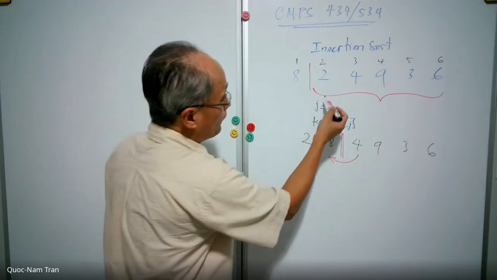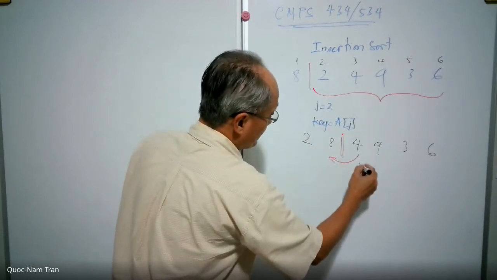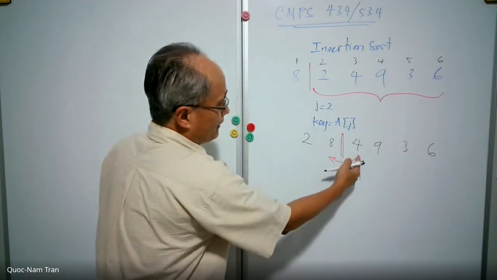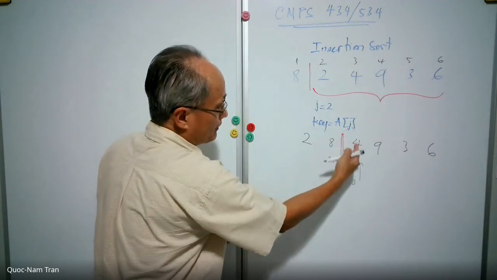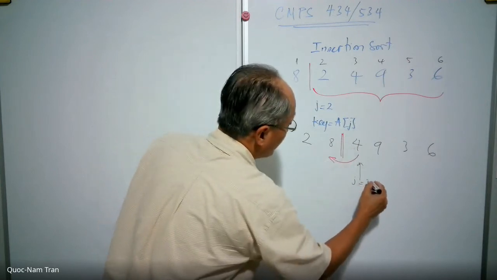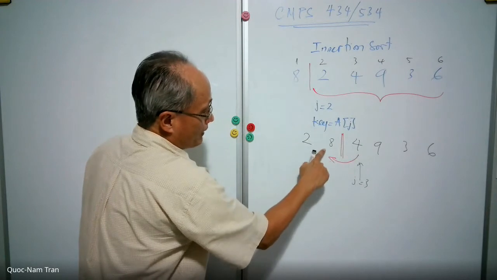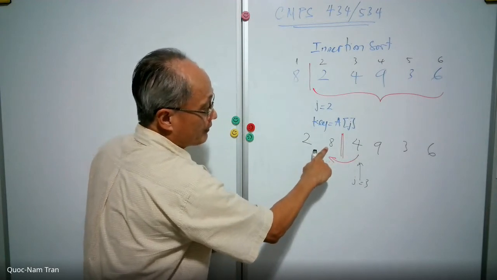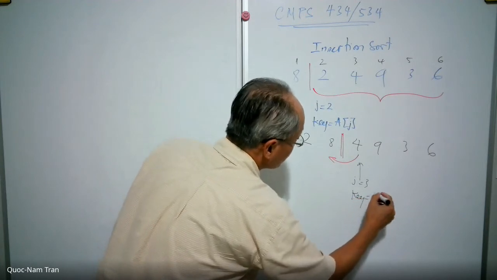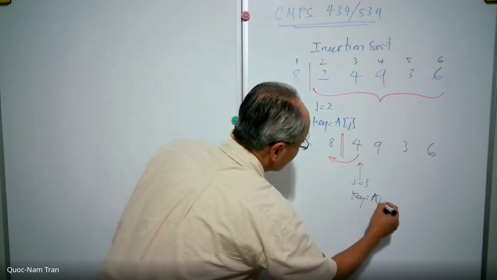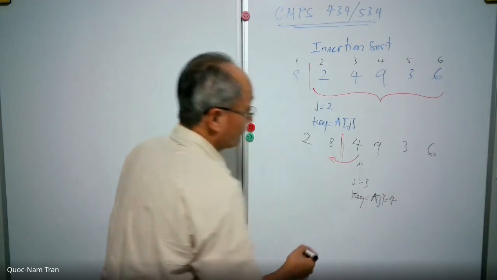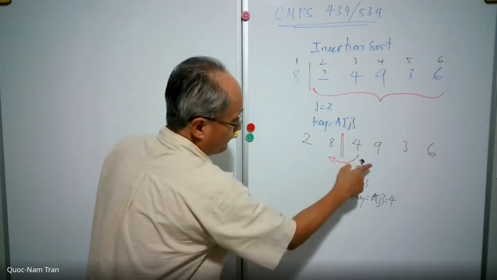J now will be 3. And now the key will be the value at position 3. So we insert this by comparing it with the value of the key. It's bigger, so we move it to the right.